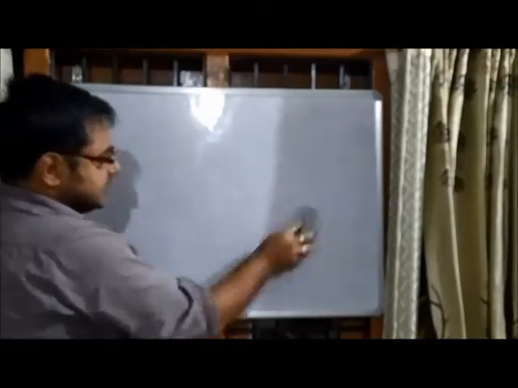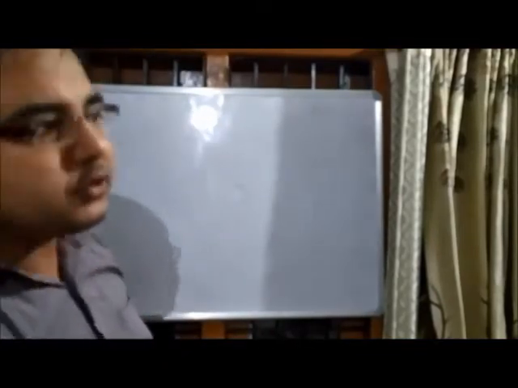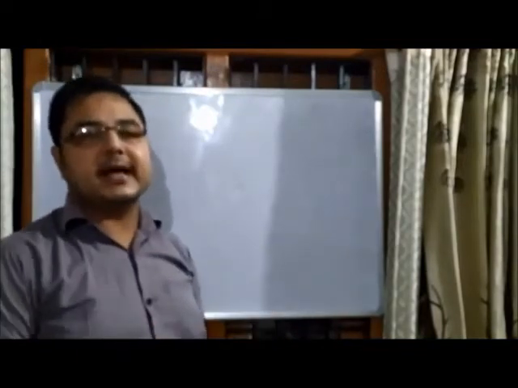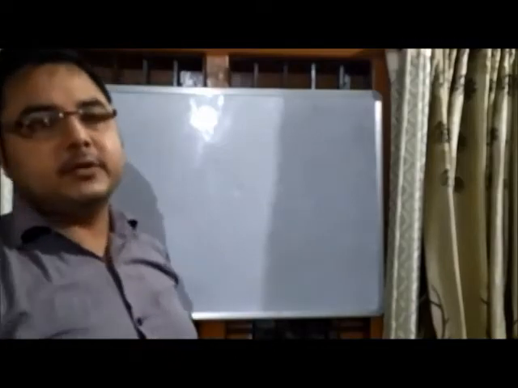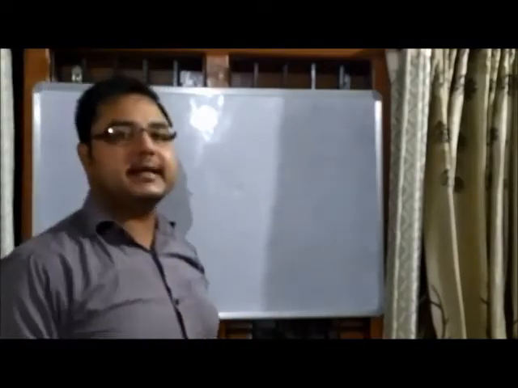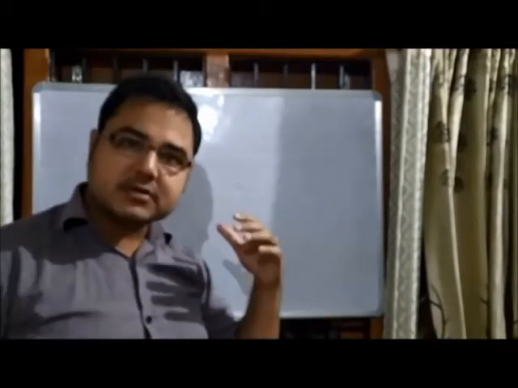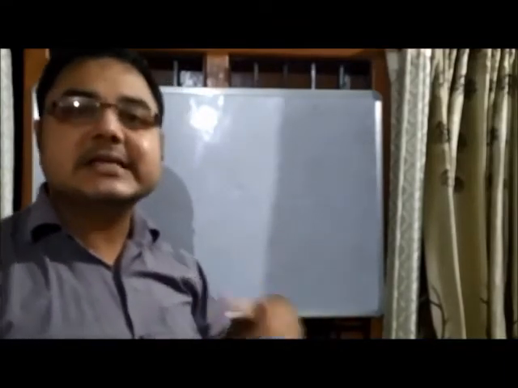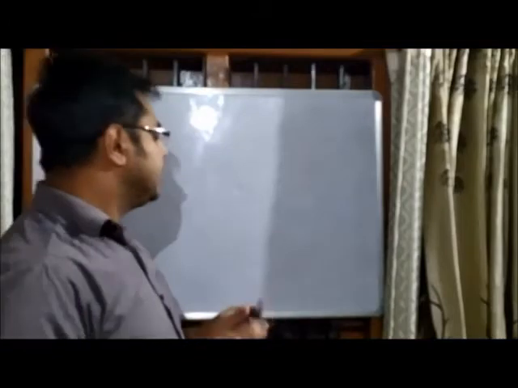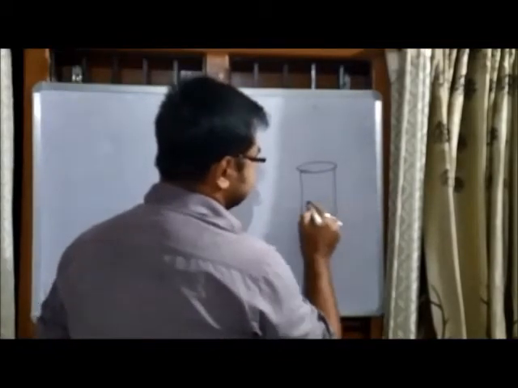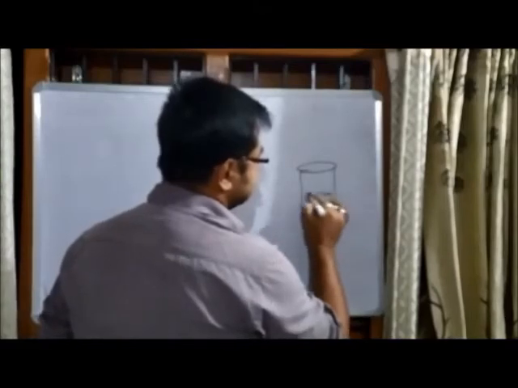As per the theory, you should know that when any fluid carries the heat, it generally undergoes a transition in its state. Suppose we consider a vessel like this with some water.